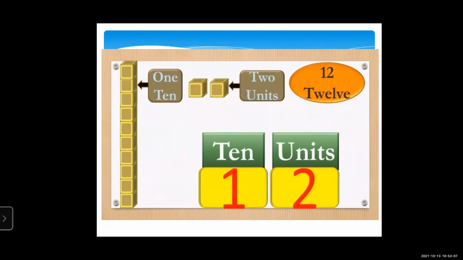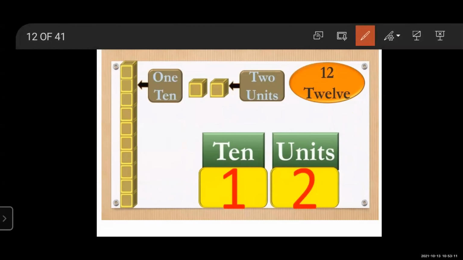Make the block of 10 here. Block of 10 and add the two units. Add the two separate boxes, that is called 10 plus 2 is equal to 12. And how to write 12? Write down 2 in the unit place and write down 1 in the 10 place.